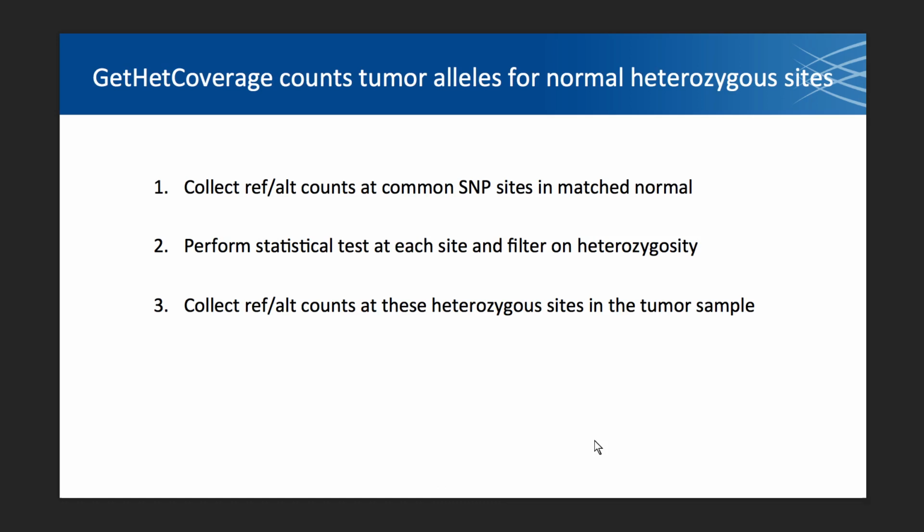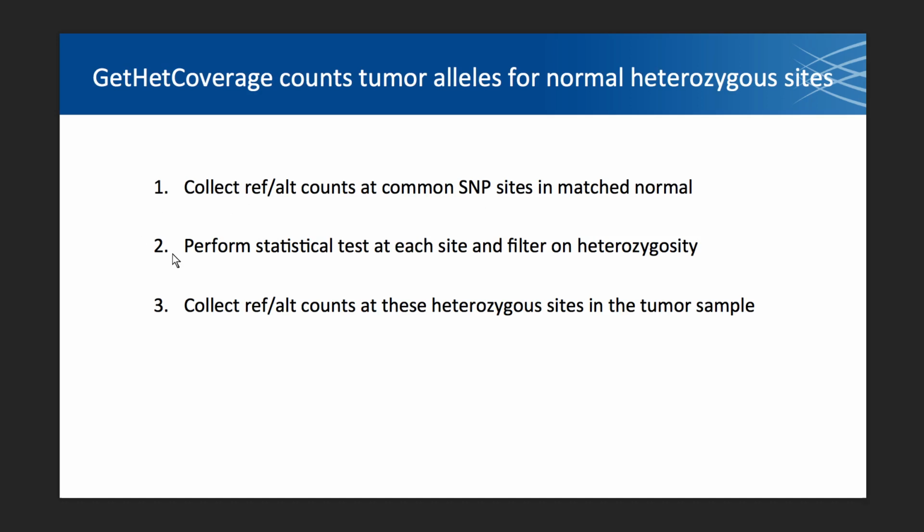So just briefly, the tool uses something called heterozygous coverage, or HET coverage, and counts the tumor alleles for normal heterozygous sites. So first, you collect the ref and alt counts at common SNP sites in the matched normal.